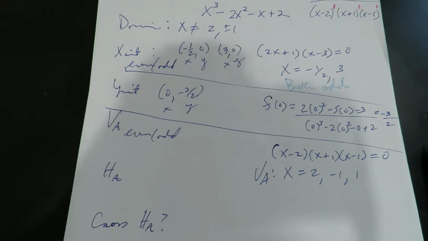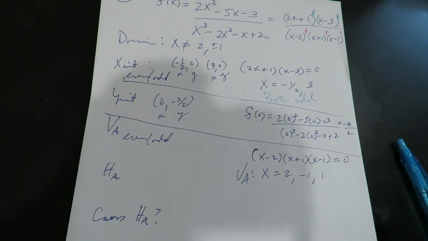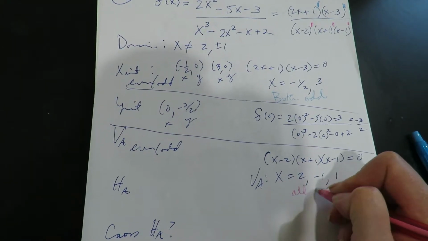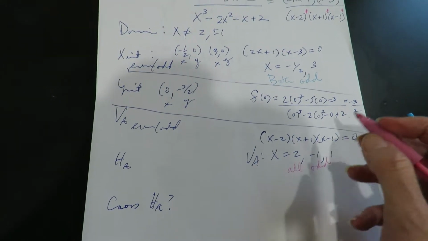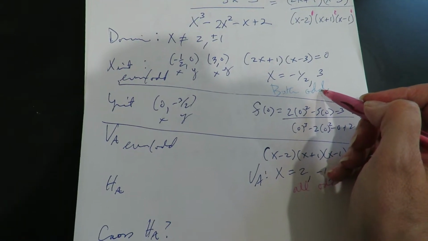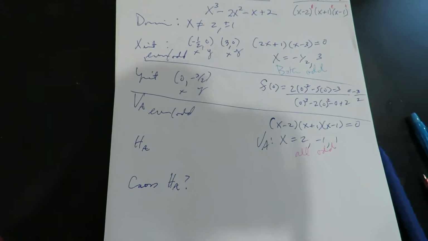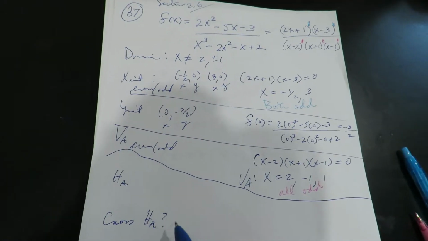They're all first degree, so it's linear. They're odd. My brain just didn't want to figure out what that word was. Okay, they're all odd, and remember, odd for a VA means opposite direction. Odd for an x-intercept means it goes through the x-axis. I just want to keep saying it because at some point it'll register and it won't seem so confusing and so many rules.